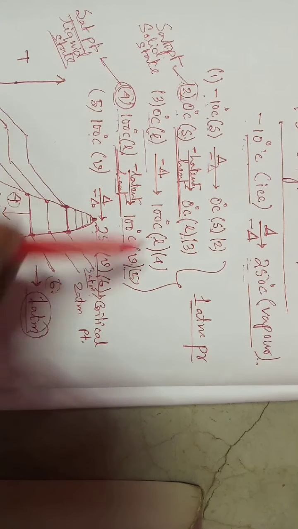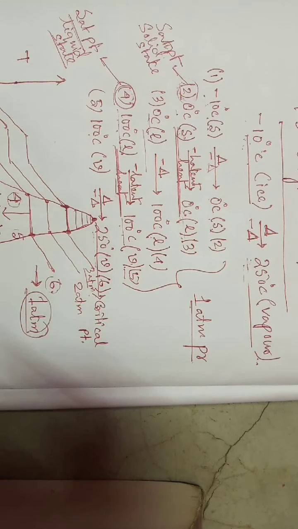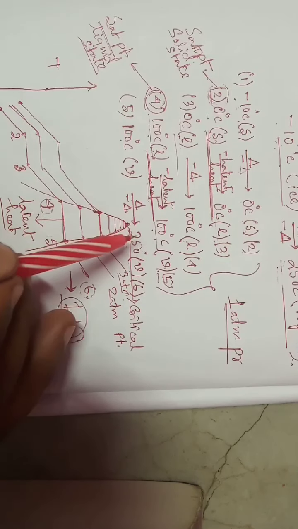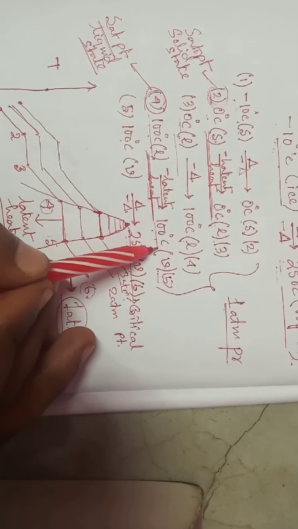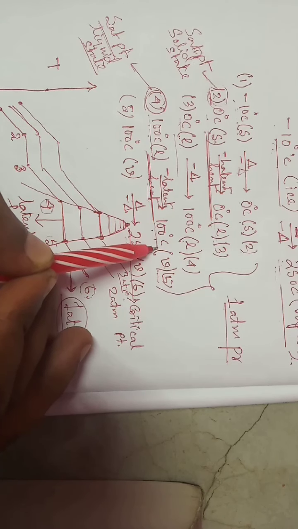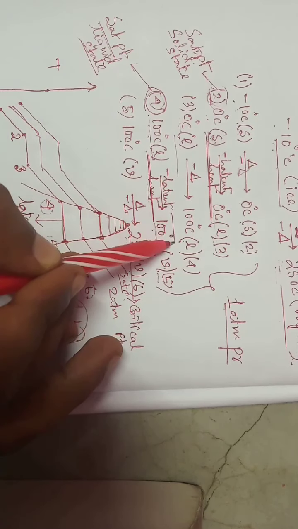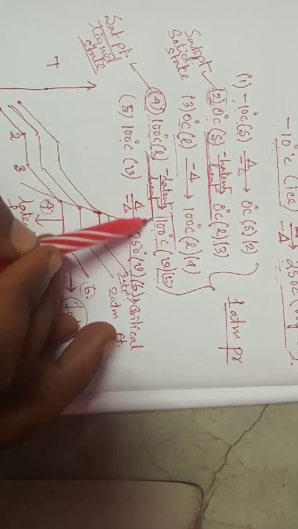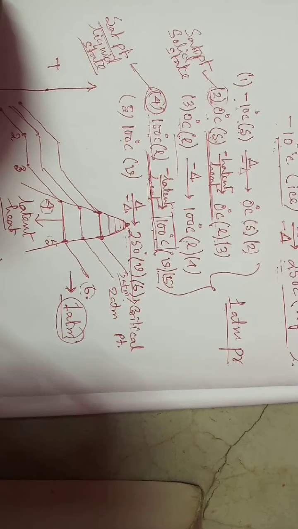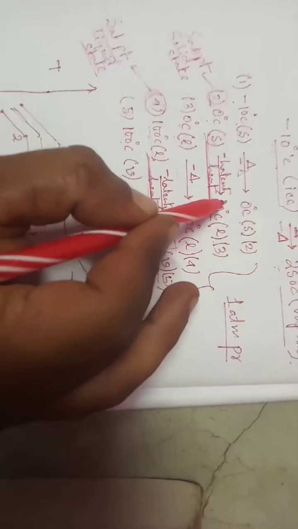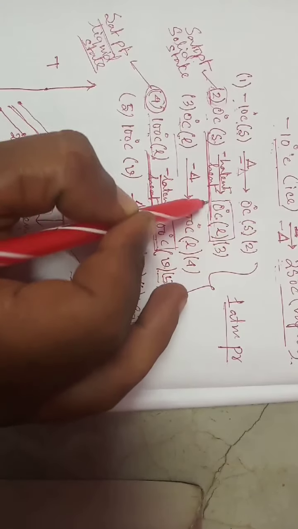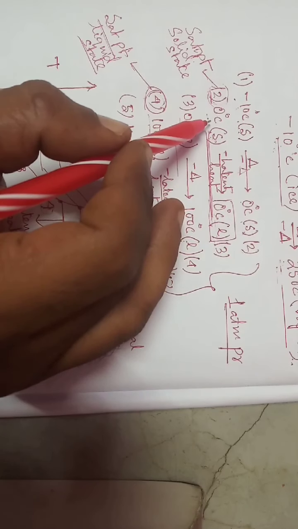Means here also a phase change is occurring. Where is the phase change occurring? Look at that. 100 degree centigrade of vapor changing its phase into 100 degree centigrade of liquid. So here we are getting a phase changing state, and another one is 0 degree centigrade of liquid converting into 0 degree centigrade of solid.